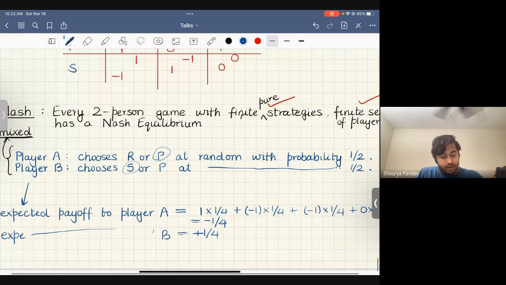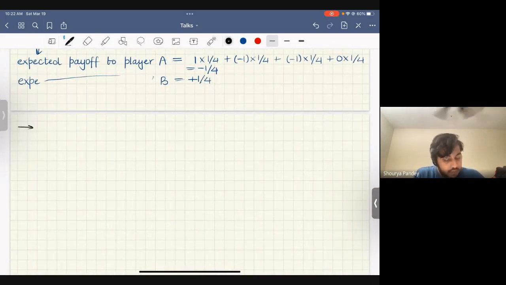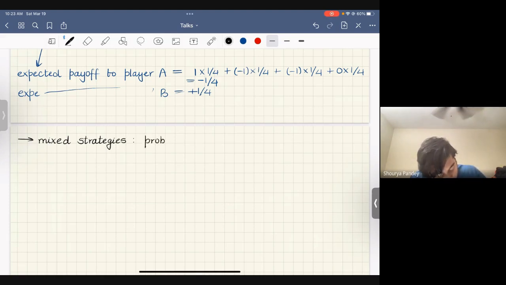Okay, great. So before, when we defined strategies, we meant pure strategies everywhere. But now we have what are called mixed strategies. So what is a mixed strategy? It's like a probability. So we have these probabilities P1 up to Pk, where k is the size of Si, let's say. I'm talking about player i.